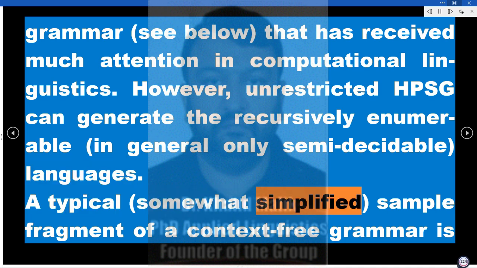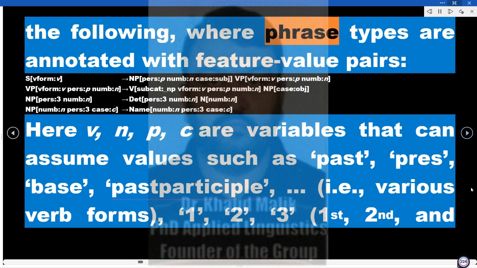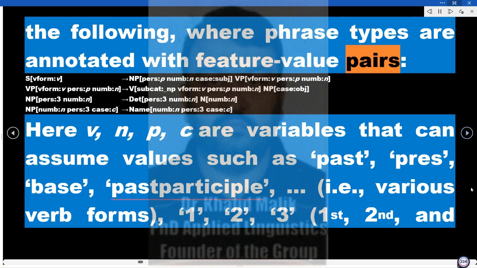A typical, somewhat simplified, sample fragment of a context-free grammar is the following, where phrase types are annotated with feature-value pairs.